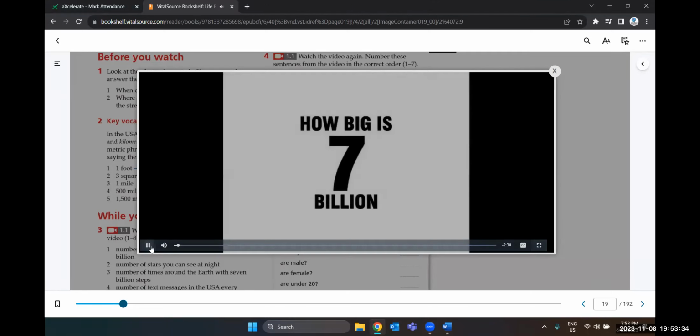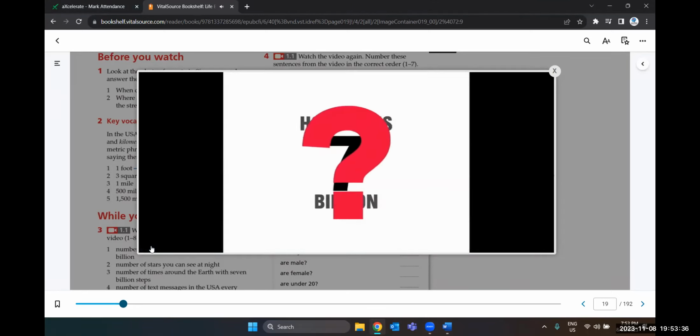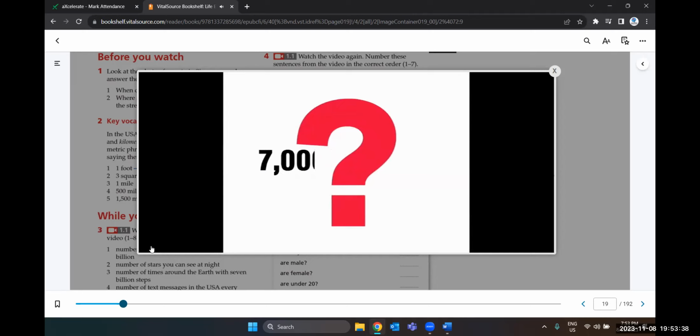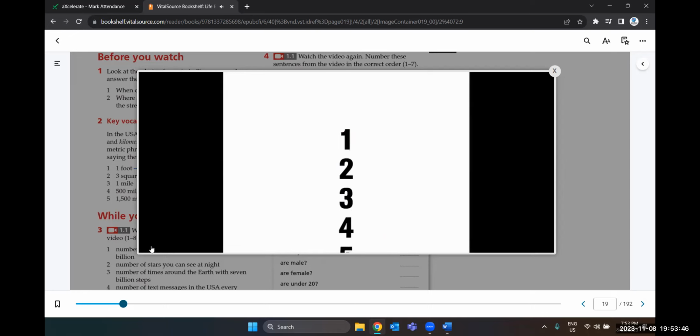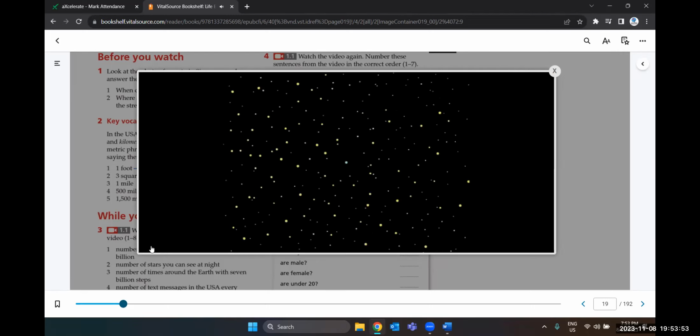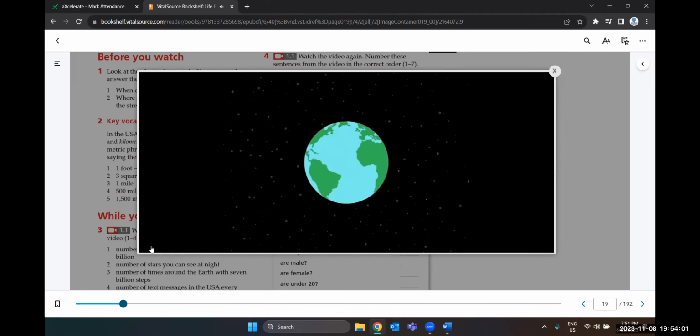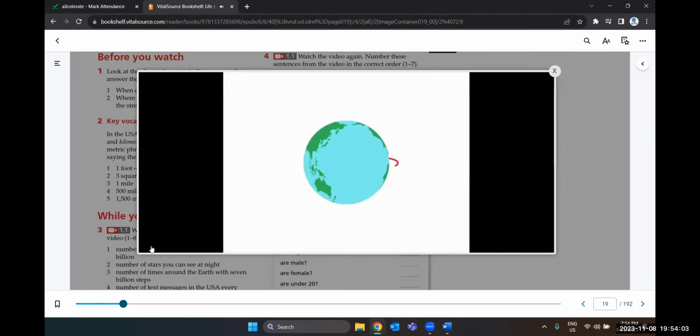There are 7 billion people in the world. But how big is 7 billion? 1, 2, 3, 4. Don't count from 1 to 7 billion. It takes 200 years. There are 7 billion stars. But from Earth, you can see 1,000 at night, not billions.